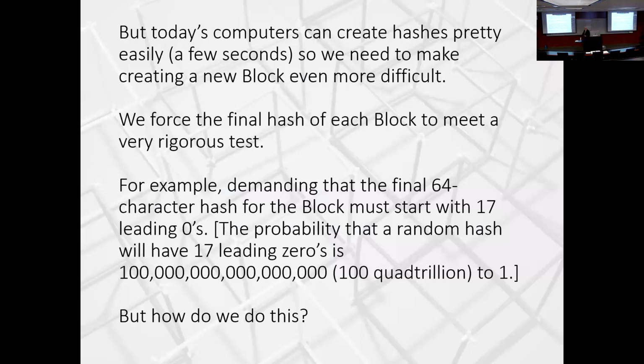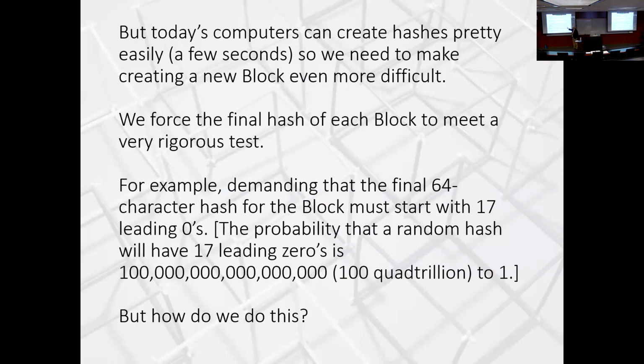I want that final hash. Think about this. I want that final hash to start with 17 leading zeros. Now, if I just do a hash, you saw the hashes I did at the beginning. None of them even started with a zero. So what I want my hash to do is to start with 17 leading zeros.